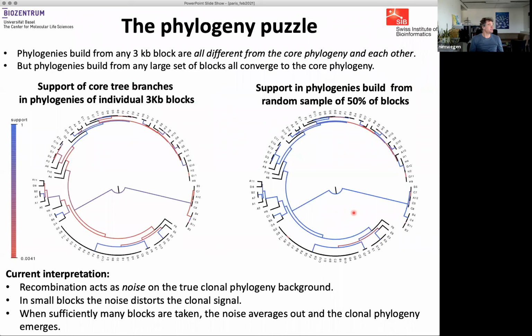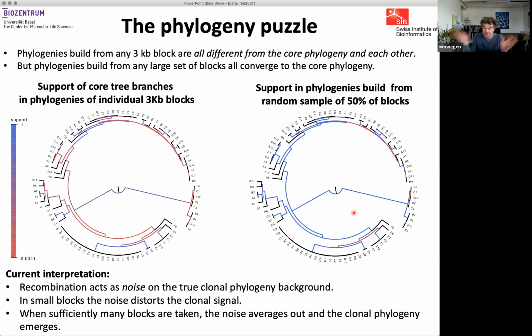This puzzle is that if you take your whole genome alignment and you take any short segment from it, let's say a block of 3 kilobases long, and you build a tree from this block, then you find that for every block you pick, the tree you get is statistically significantly different from the phylogeny that you get if you take the whole alignment.